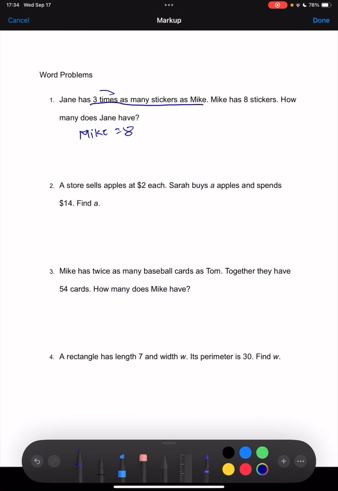So, 3 times, that means we're going to get the number of stickers Mike has, which is 8, and we're going to multiply it by 3, which is equal to 24. So, Jane has 24 stickers.